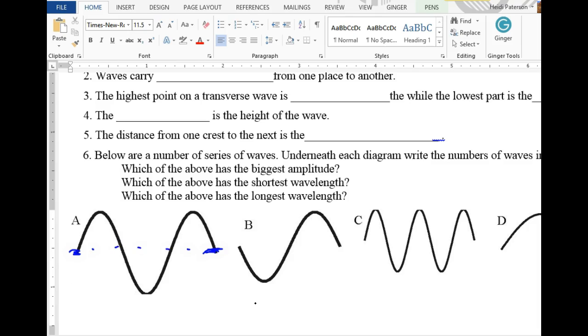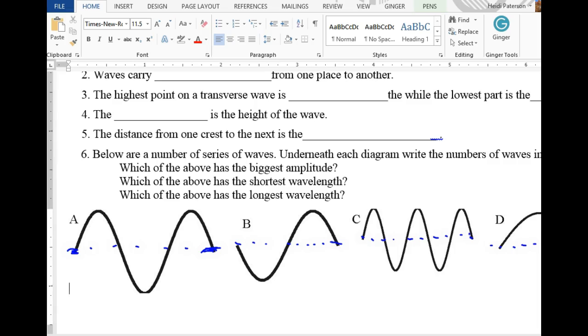Do the same thing for the next diagram. Draw in your rest position. Here I can't quite see where I left off, but it's somewhere down here. So that would be your rest position there. I would suggest doing your rest line first.